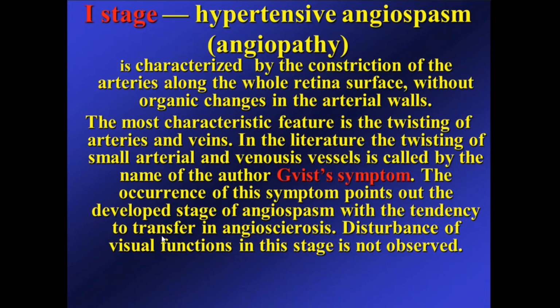In the literature, the twisting of the small arterial and venous vessels is called by the name of the author, Gist symptom. In this stage, the visual acuity is rather good, and visual function doesn't decrease.